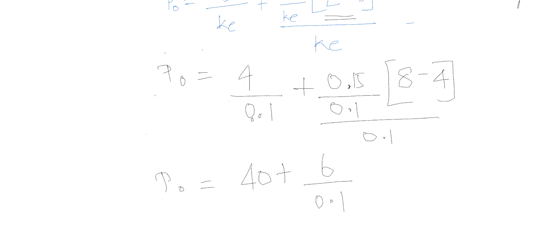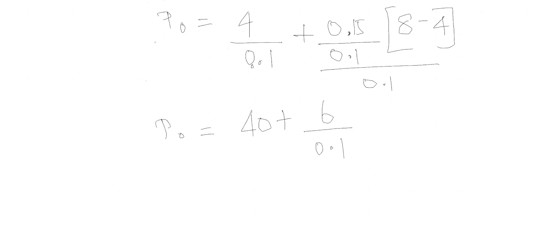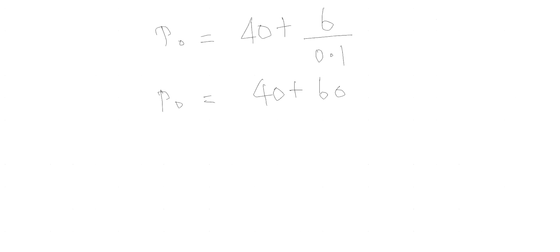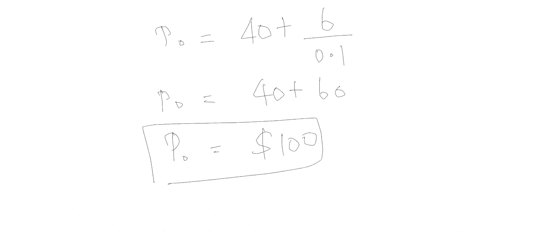So here it will be P0 is equal to 40 plus 6 by 0.1 is 60. So P0 is $100. So $100 is the price of the share.